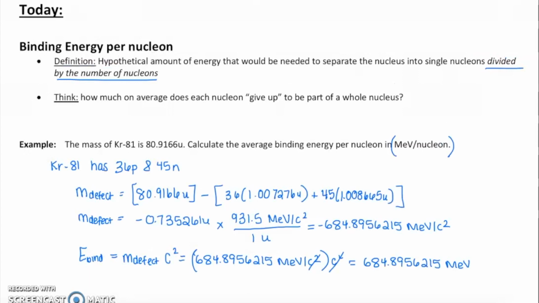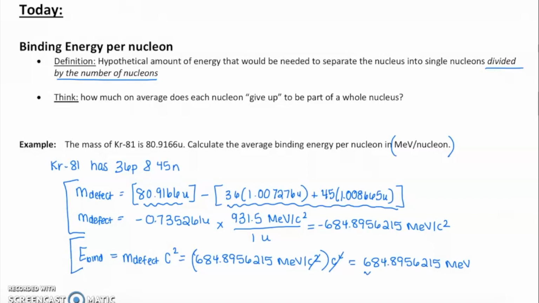Okay, so far I have found the mass defect up here, comparing my whole nucleus and the individual mass of the individual nucleons. I've used E equals mc squared to get to binding energy, being wise about my units.